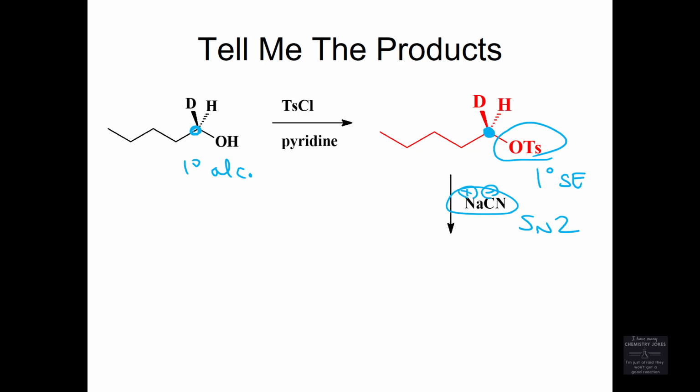Carbon with a minus attacks the carbon that's partially positive due to the tosylate pulling on it. You can get rid of the tosylate. You should also get inversion of configuration because it's SN2. So this cyanide is now newly bonded. My deuterium and hydrogen swapped places because it was SN2, inversion.